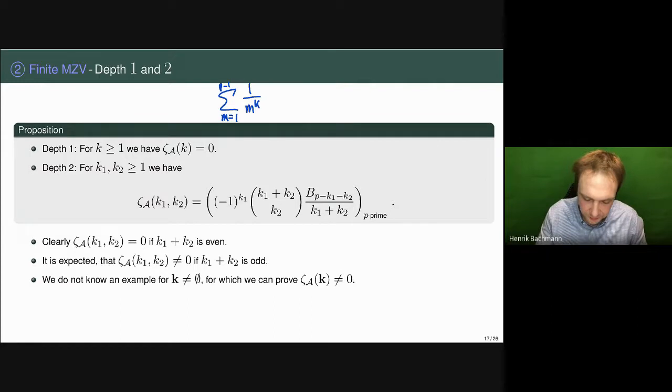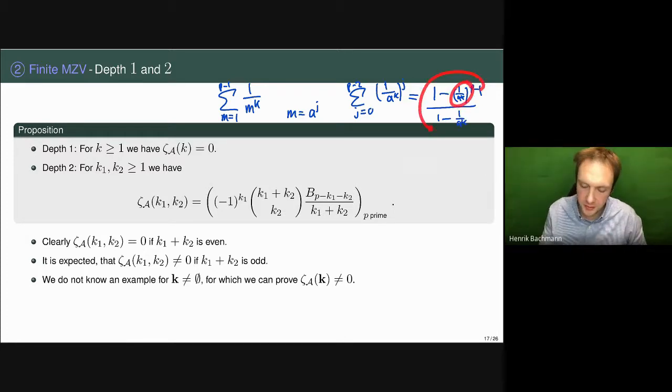Then I can take a primitive root a modulo p and write m as a to the j, and take the sum with j going from 0 to p minus 2 of 1 over a to the k to the j. This is just (1 minus a to the k to the p minus 1) over (1 minus a to the k). Modulo p, the numerator is just 0. So this is really elementary number theory: in depth 1 they are just 0.